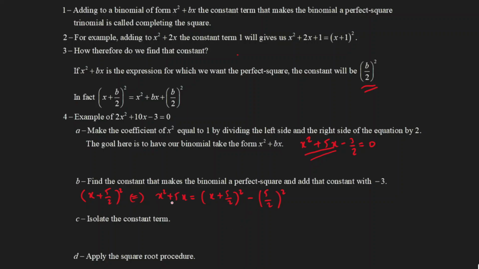So if you replace this expression into our original equation, what do we get? We get x plus 5 divided by 2 all squared, minus, what is 5 divided by 2 all squared? That's 25 divided by 4, minus 3 divided by 2 equal to 0.